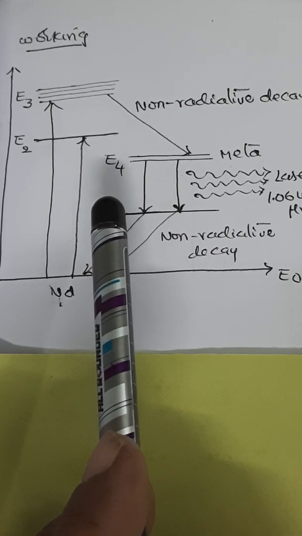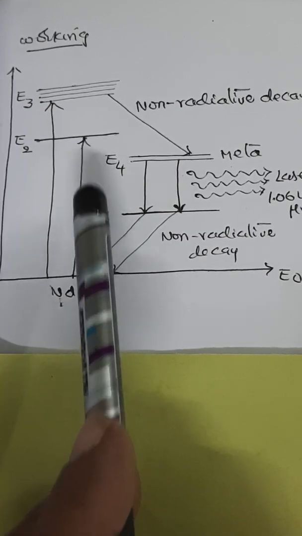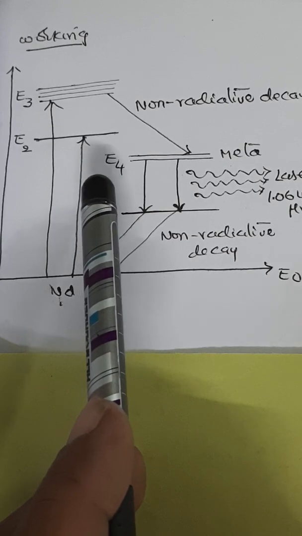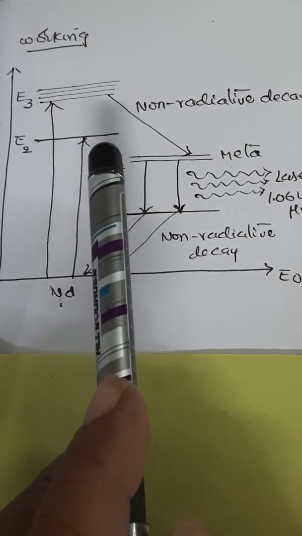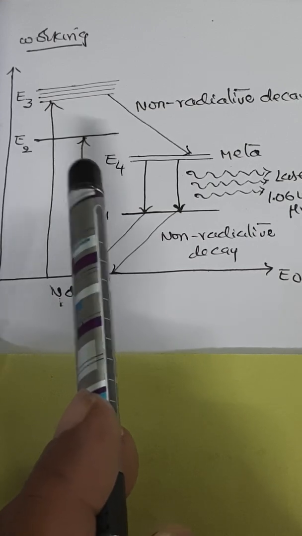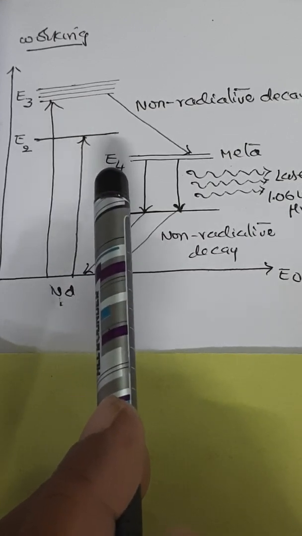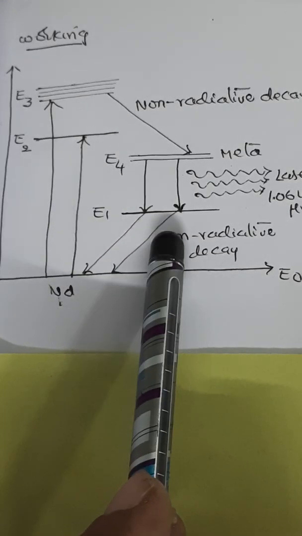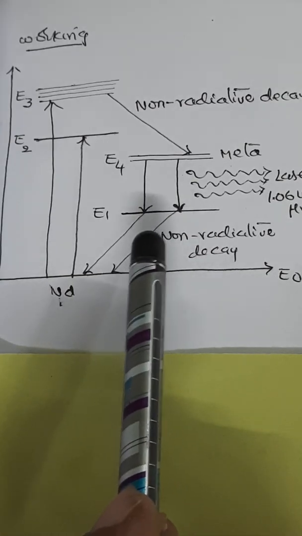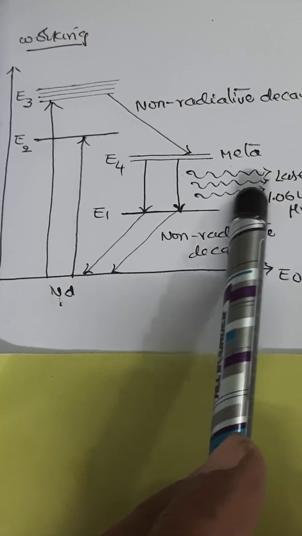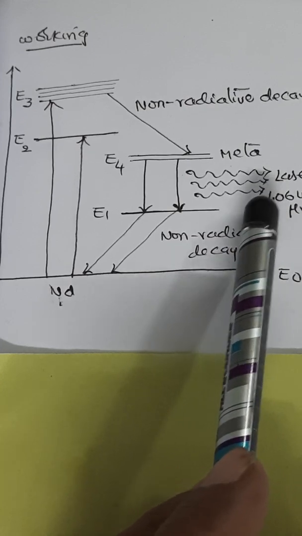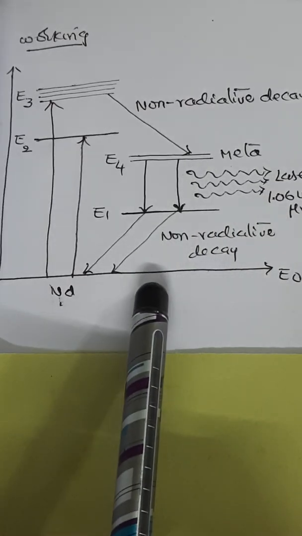The emitted photons are allowed to pass back and forth a million times through a set of optical resonators, where their number builds up and the amplitude increases. Finally, a laser output at 1064 nanometers is obtained, corresponding to the transition between E4 and E1.